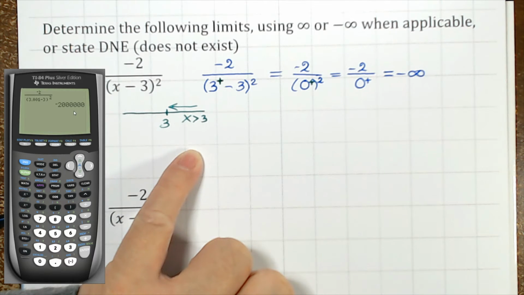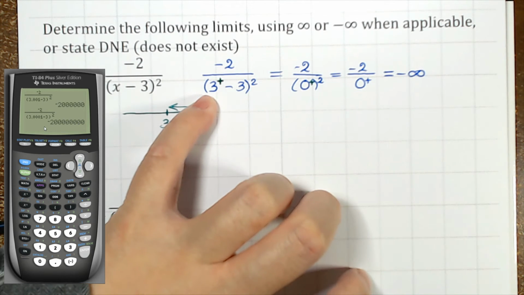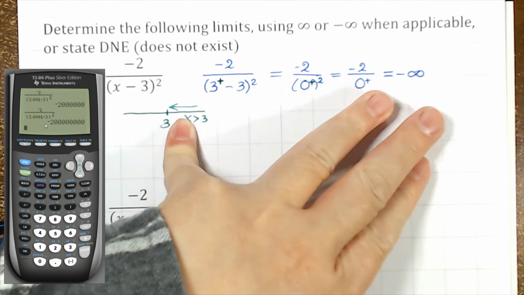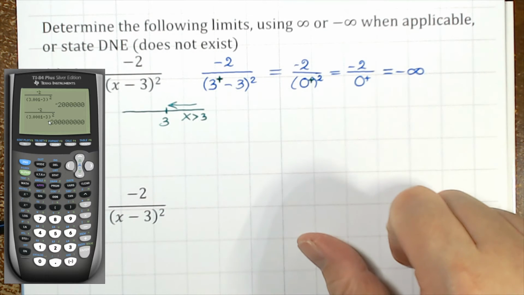We have a very small negative number. So if we go back up and we choose even closer values, let's insert another 0, we even get more negative numbers. So the closer it is to 3, the bigger in magnitude we have. So it goes to negative infinity.